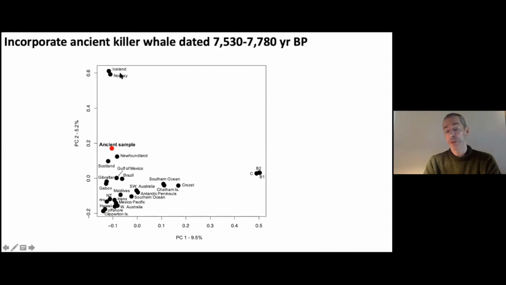It was geographically quite proximate. It was kind of an intermediate place found off of Denmark. And we can see that genetically, it seems to be the closest along this PCA to the more low latitude population samples here.